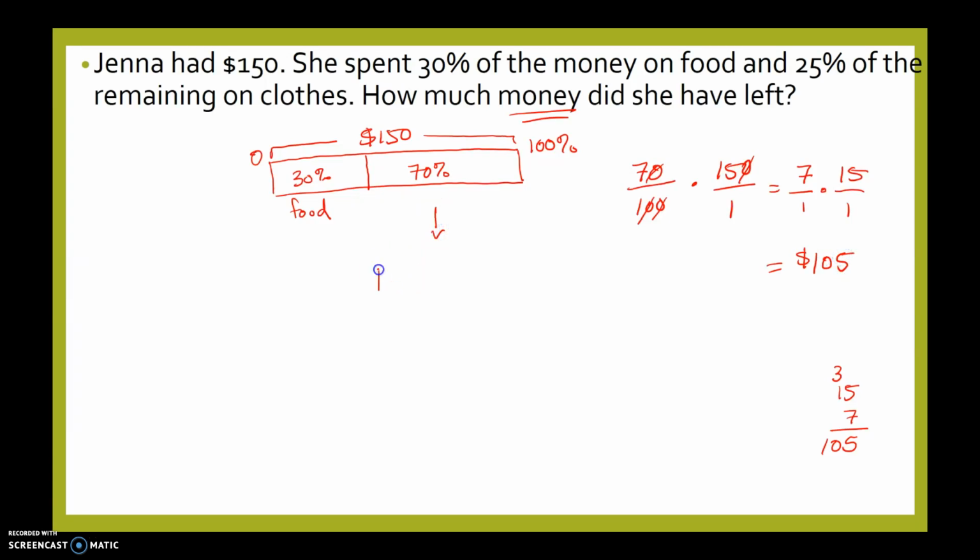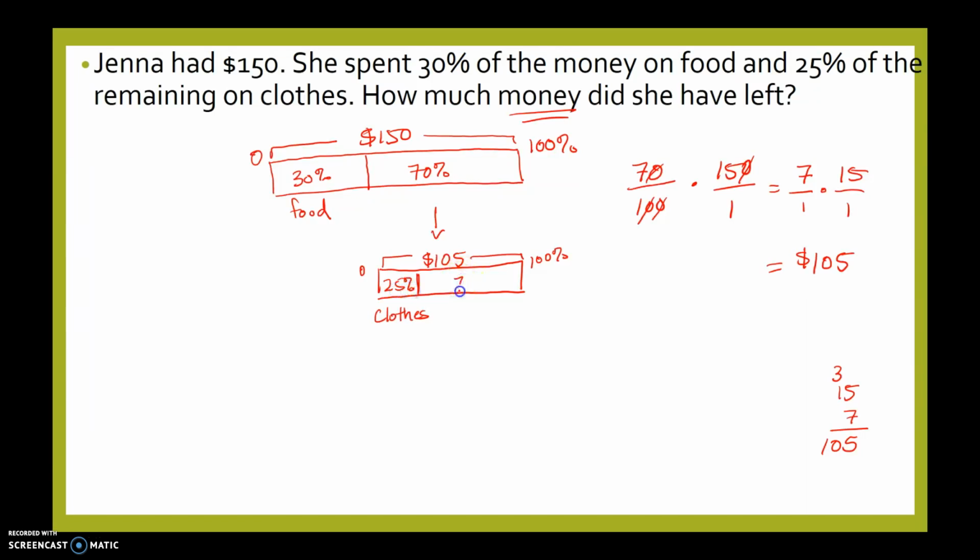Okay, so let's model that remaining. Our new 100% is $105. Let's label that with 0 and 100%. And it says, how much money did she have left? She spent 30%, and 25% of the remainder on clothes.